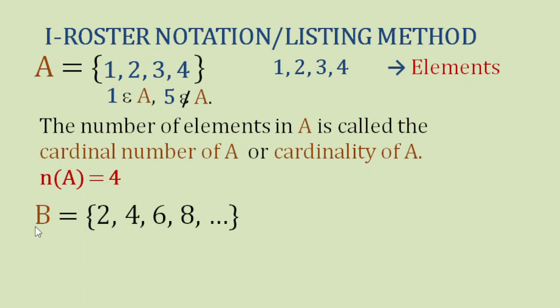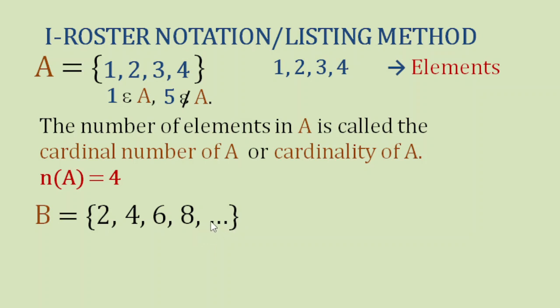We also have sets that have infinite number of elements. Example, B equals {2, 4, 6, 8, ...}. So we call this one ellipsis.